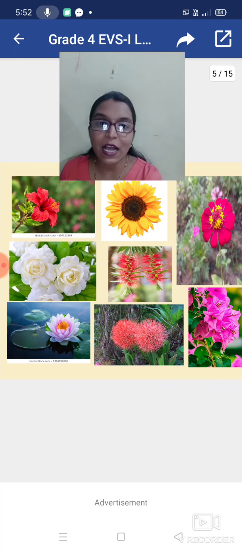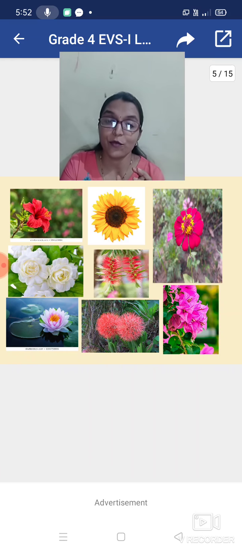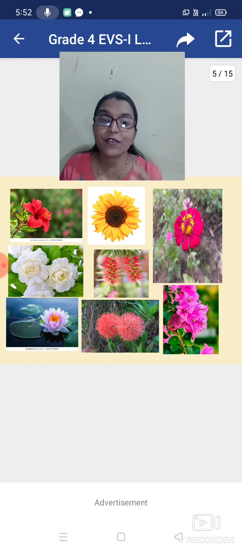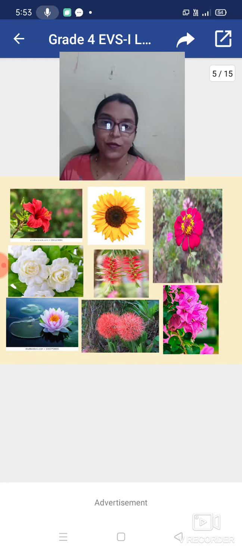So flowers are very colorful and very attractive. That's why each one is attracted to flowers. That's why we use flowers to gift someone. We give a bouquet of flowers on someone's birthday. Why do we give them? Because they are very colorful and attractive.